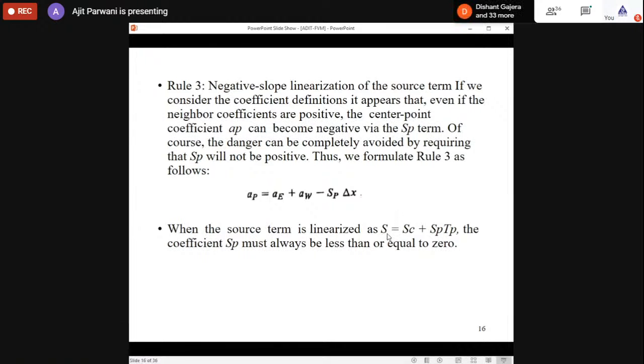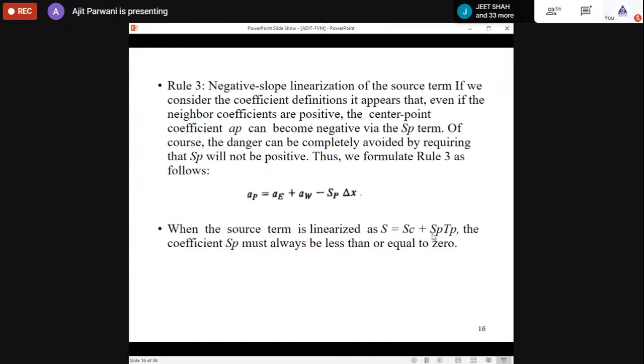So you cannot get a stable kind of situation. Why? Because if the temperature increases, the source increases, and because the source is a function of temperature, the temperature increases again, and the source increases again. So you do not get a stable situation. For getting a stable situation, SP should be negative.